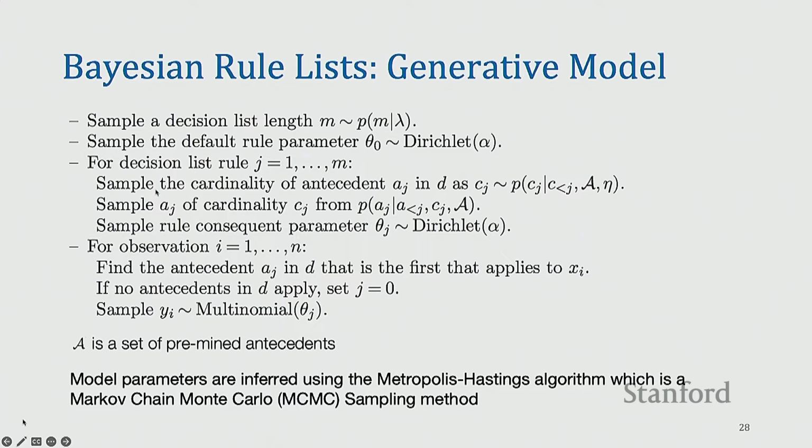So for example, before constructing the list, you don't know what will be the cardinality of the antecedent, or the number of predicates of the antecedent of some rules, or you don't know how many rules you're picking, right? But using this process, they go back and learn those and then build the list. Yes, that's the high level idea.